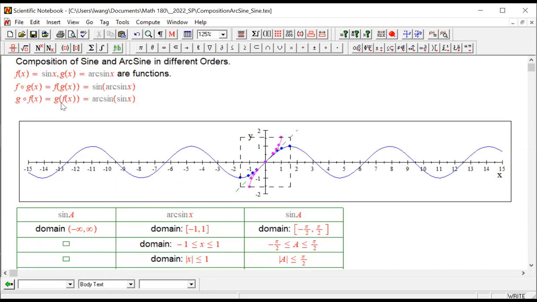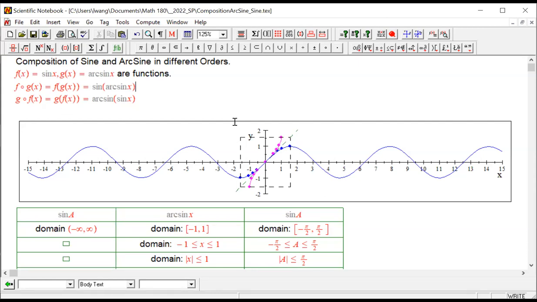We mentioned that the sine function and the arc sine function are not inverse to each other, only that small piece of sine and arc sine are inverse to each other. Therefore, these are not going to be equal to X without any additional condition.